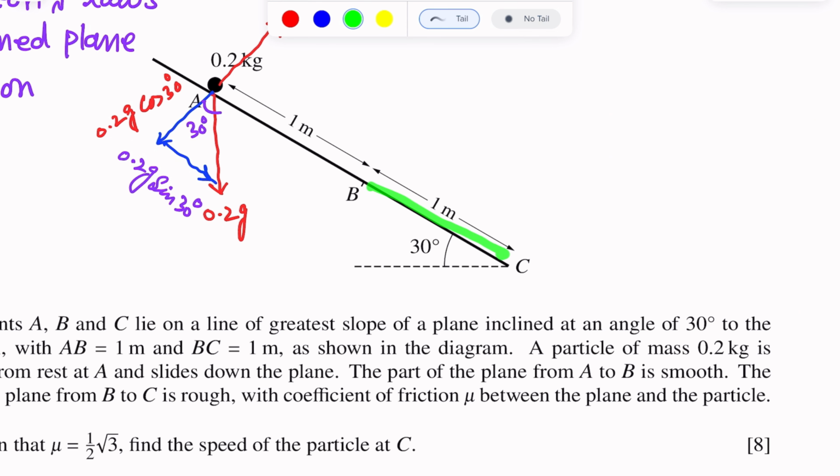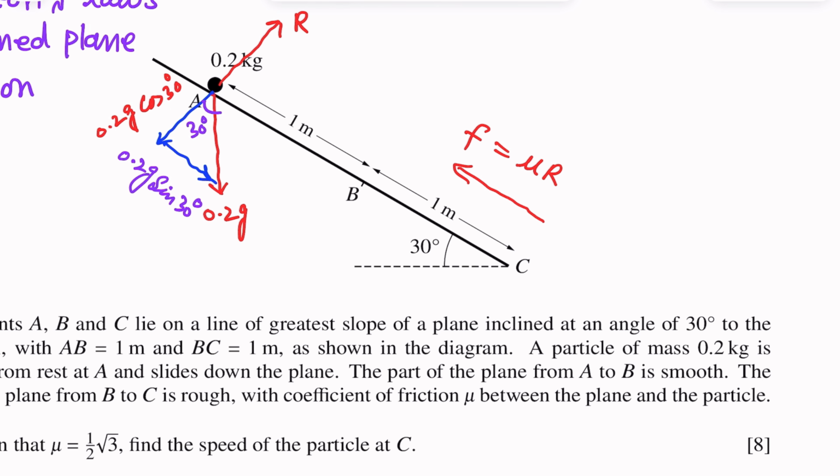The other force is the force of friction that opposes the motion of the particle, that will act in the opposite direction, that is F equal to mu R. This force of friction will act on this particle.